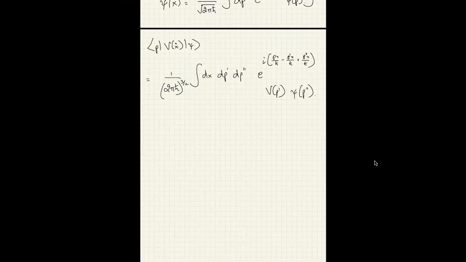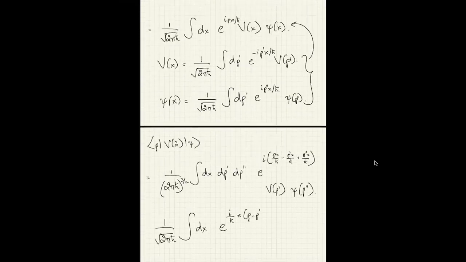So I will use the fact that 1 over square root of 2 pi h bar integral dx e to the i over h bar x times p minus p prime.